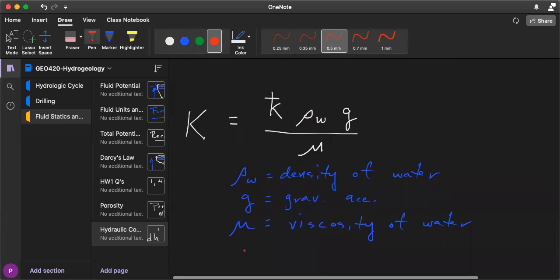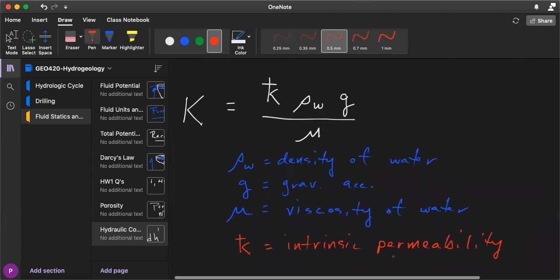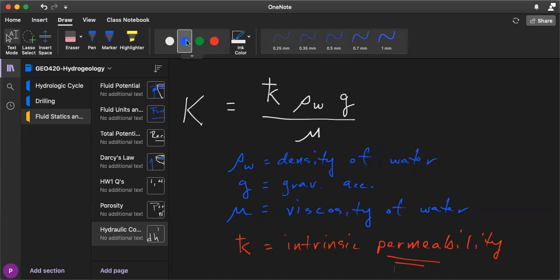And little k, this is the biggie, it's called intrinsic permeability. Or oftentimes, for short, it gets called permeability. All right, so hydraulic conductivity has two parts.